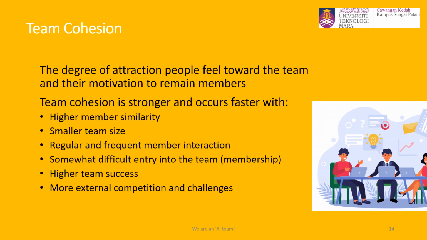Besides that, it will also be stronger when the size of the team is small, as it allows and encourages frequent and easy communication. Next, team cohesion would also increase if the entry level is difficult and members are selective of each other. Other than that, higher team success and a high degree of external competition as well as challenges also make a team more cohesive.